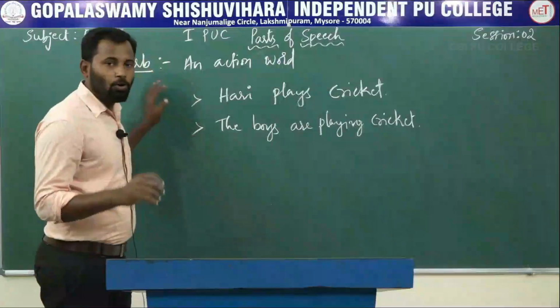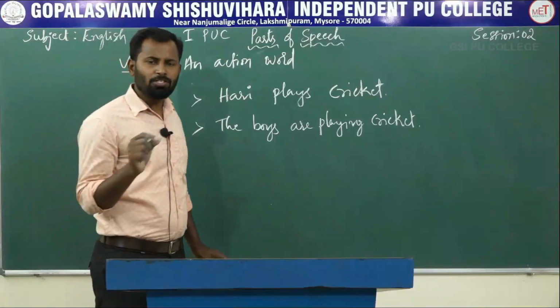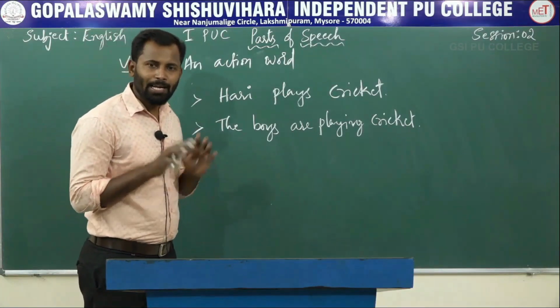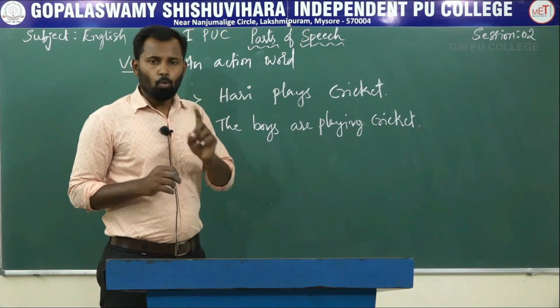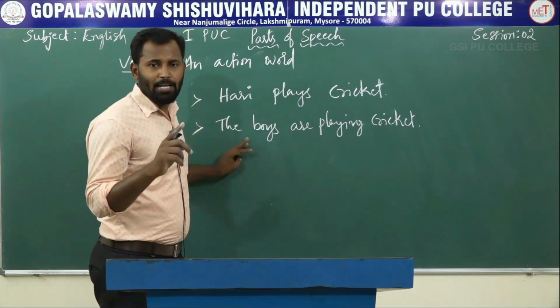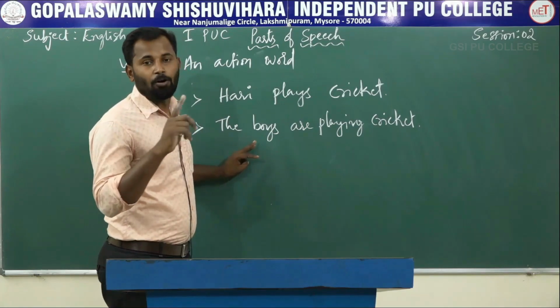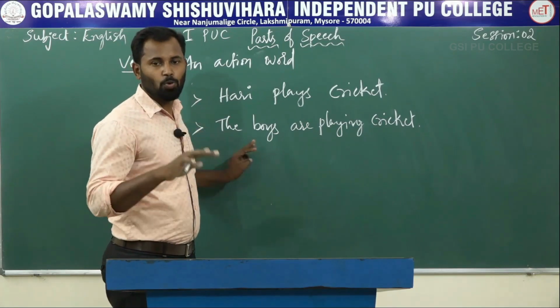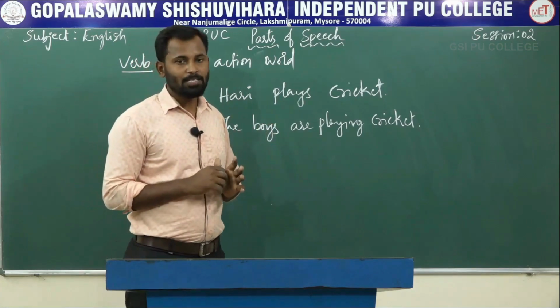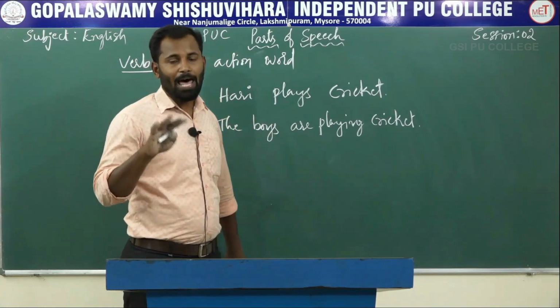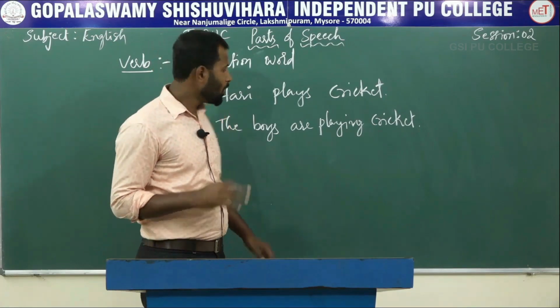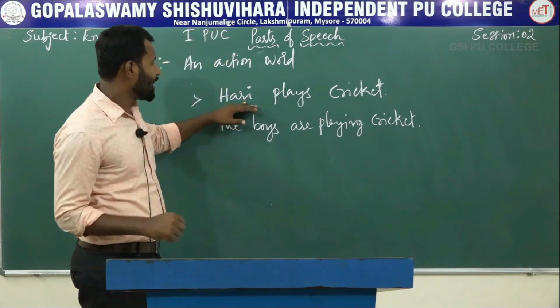So I have already told you that verb is the most important part of speech in English language, and that is for two reasons. One, in every sentence there must be a verb. You can't have a sentence without a verb in a sentence. And the next one is, only verbs have tenses. Let us make it clear.